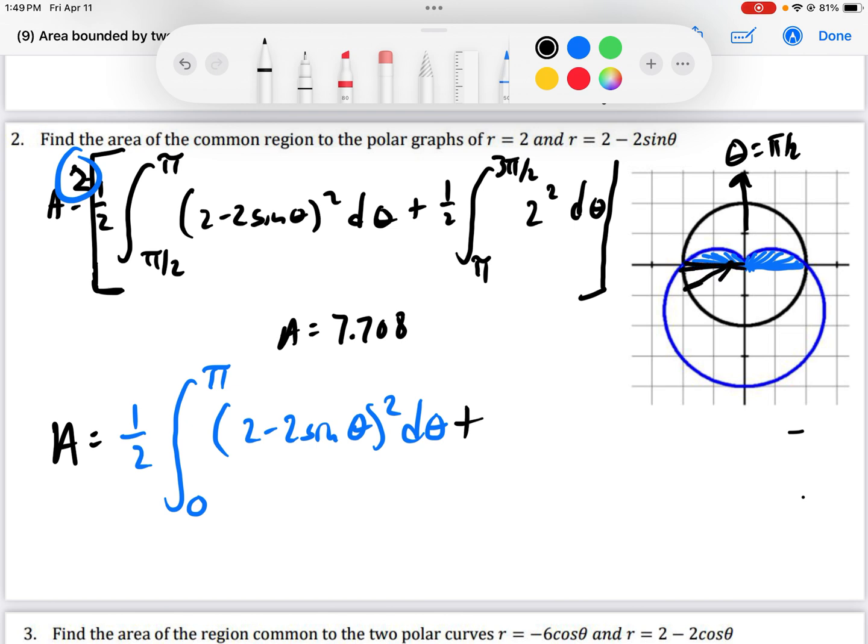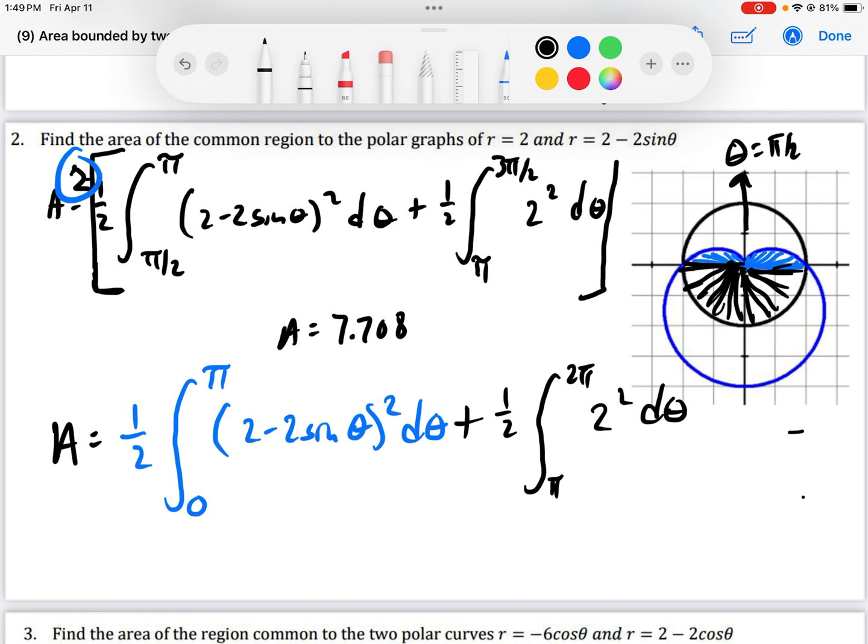Then my r value comes from the other function, starting at pi all the way to 2 pi. So 1/2, from pi to 2 pi, radius squared d theta, and that would give me the exact same answer.